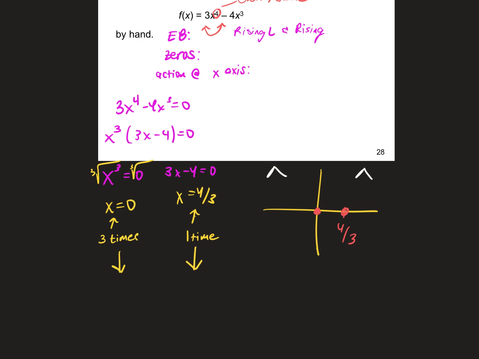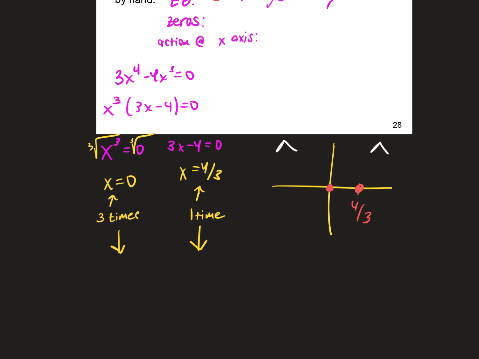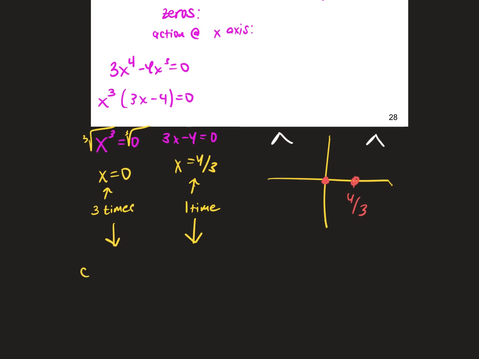What is your multiplicity? Do you have an even number of times you have it or an odd number of times? 3 is odd, so it's going to cross through here and cross through here. So having that in your mind, okay, both of the arrows are going this direction, so just do a quick little sketch. It's going to come here, it's going to go through here, and back through there.